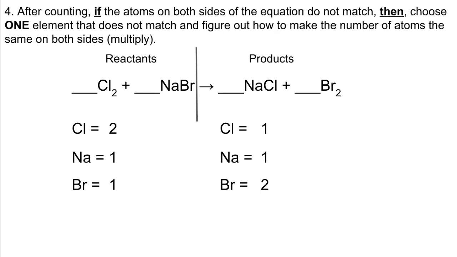So after counting, if the atoms on both sides of the equation do not match, then choose one element that doesn't match, just like chlorine here doesn't match, and figure out how to make the number of atoms the same on both sides. And how we're going to get the atoms the same on both sides is we are going to multiply.